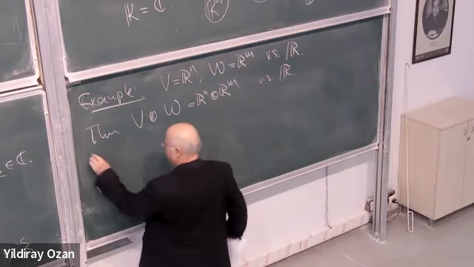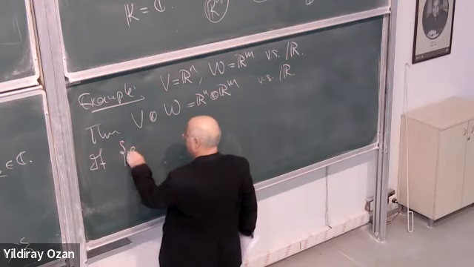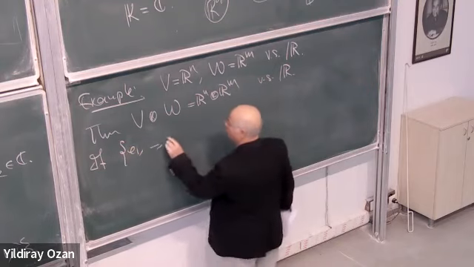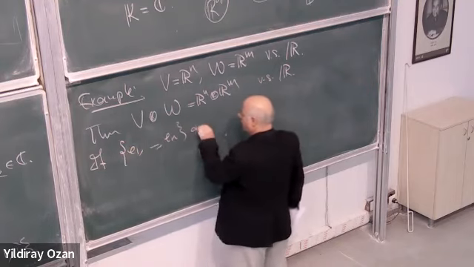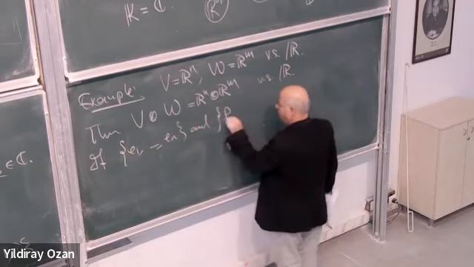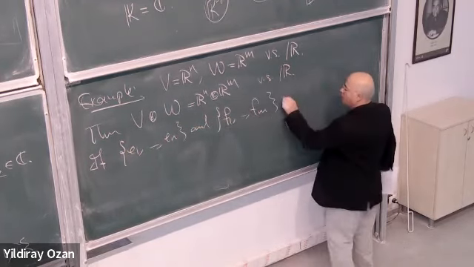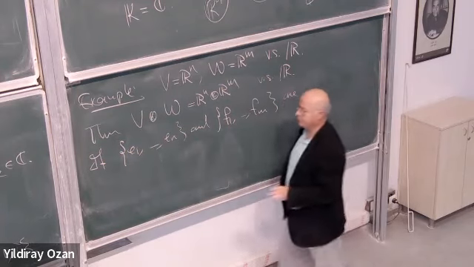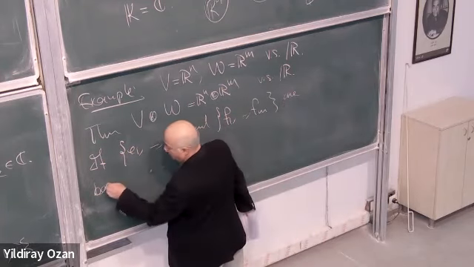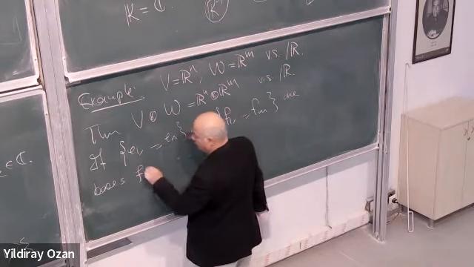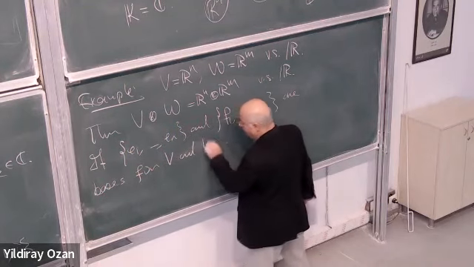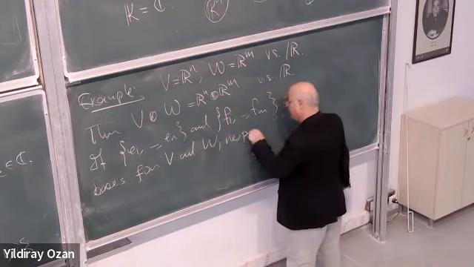And indeed, let's say e_1 up to e_n and f_1 up to f_m are bases for V and W respectively.